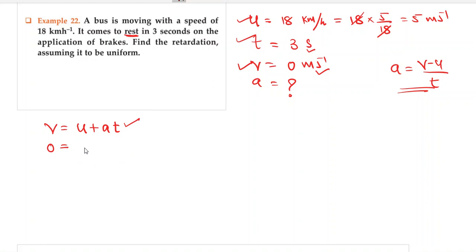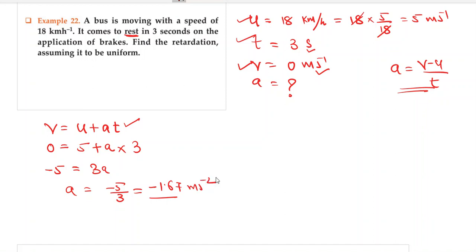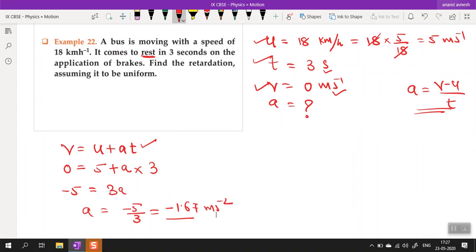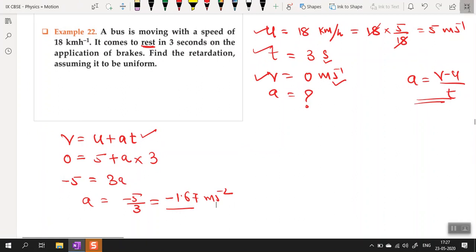So 0 is equal to 5 plus a multiplied by 3. So minus 5 is equal to 3a. So a is equal to minus 5 by 3. Okay, minus 5 by 3 is 1.67, minus 1.67 meter per second square. That is your retardation, because it is negative in nature.